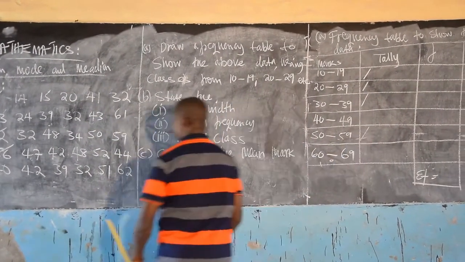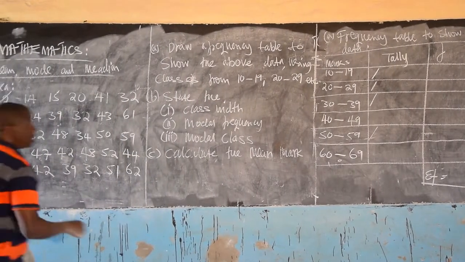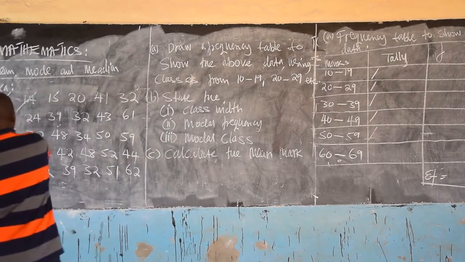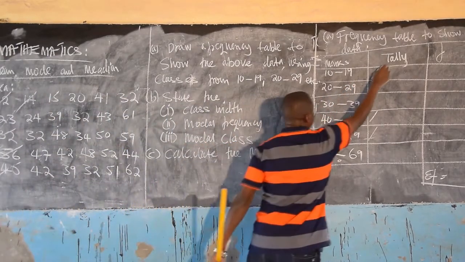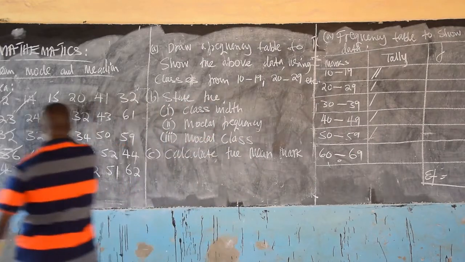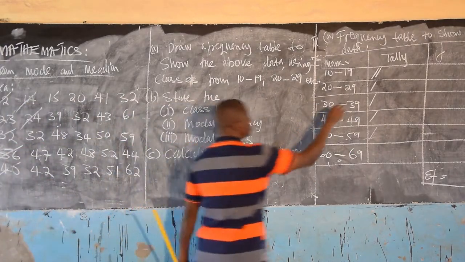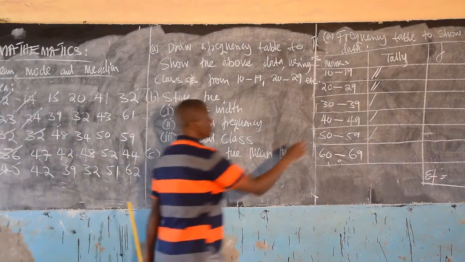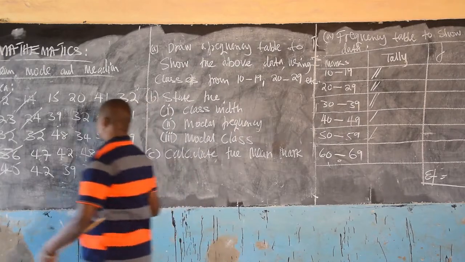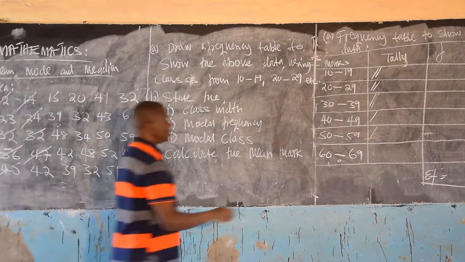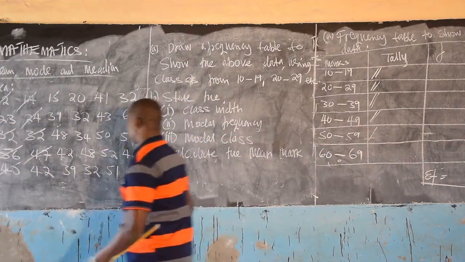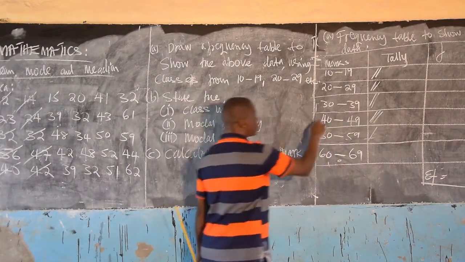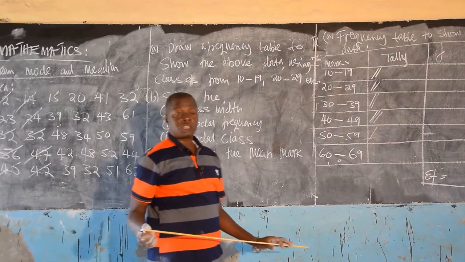We mark. 40, it is there. 14, we have it. 24, like that. 32, in that arrangement. 47, like that. 42, between 40 to 49, we have 42.